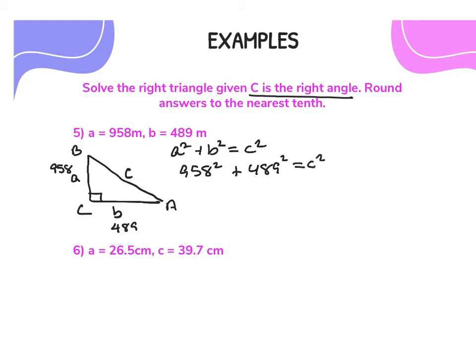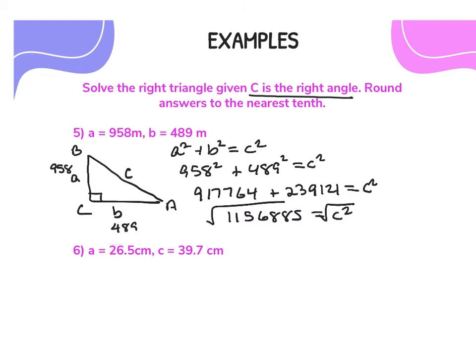I'm going to square the 958, 917764, plus 489 squared, 239121. I'm going to add them, and then I'm going to square root it, leaving me with 1075.6 is equal to c.